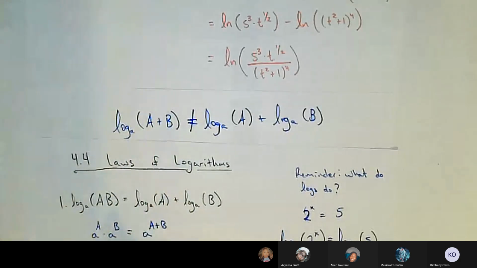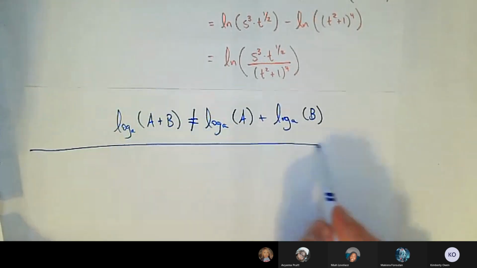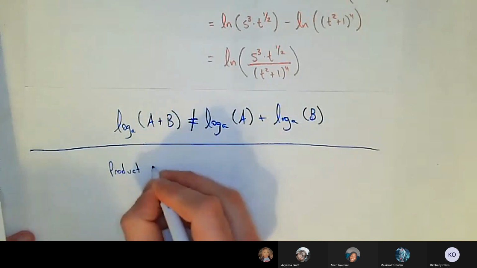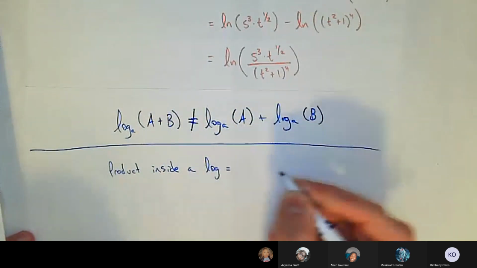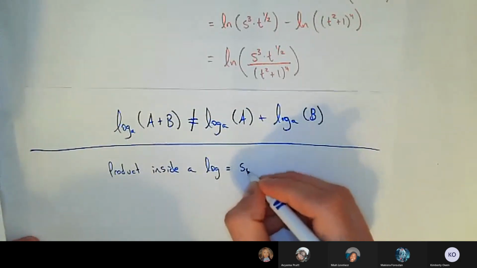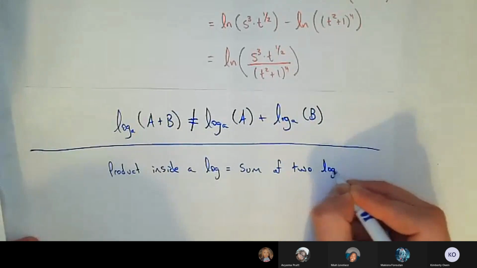So I think the best way for me to remember it is to think of them as, in fact, I'm going to rewrite these 3 laws just in words. Product inside a log equals sum of 2 logs.